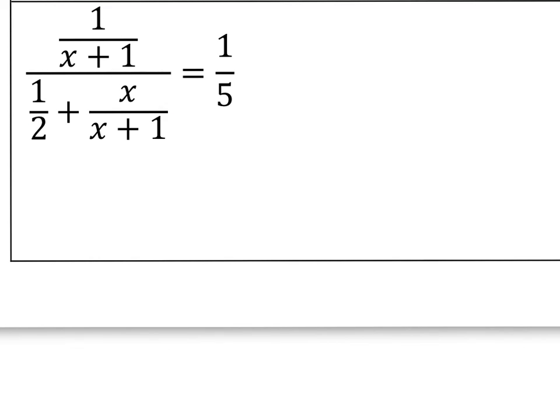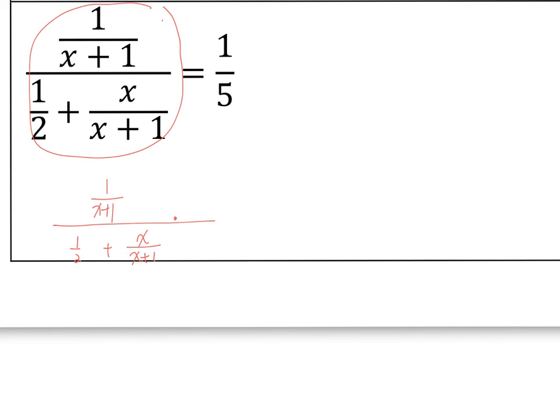Okay, to approach this next complex rational equation, I'm going to first simplify this part of the equation, just like how I showed you how to simplify complex fractions. So 1 over x plus 1, and then 1 over 2 plus, I'm just recopying this.